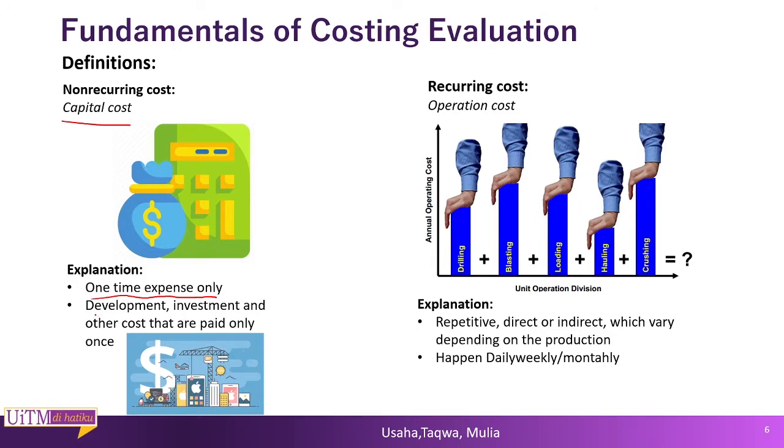Another example is development, investment, and other costs that are paid only once. And then recurring costs focus on operation costs. It is repetitive, direct or indirect, which varies depending on the production. Recurring costs usually occur daily or weekly or monthly.